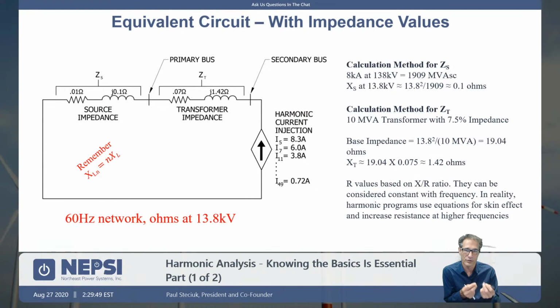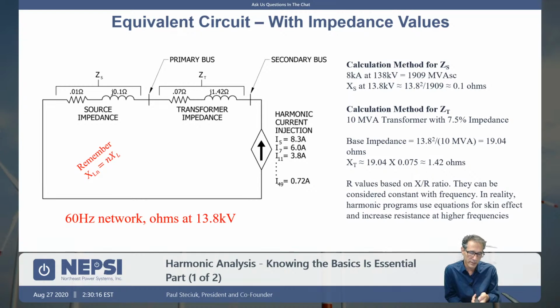You can do this analysis working in per unit, but my preference is to work in ohms rather than per unit because I have a feeling for ohms. When you think about a 13.8 kV system, you can think about half an ohm per mile. A 10 MVA transformer typically has an impedance of about 1 ohm. So when we talk about ohms, I have a physical feel for what it means.